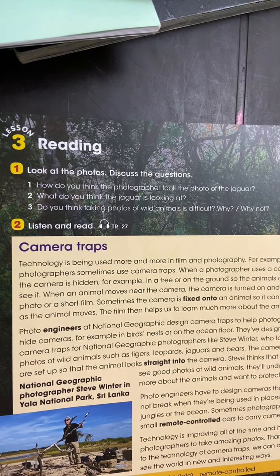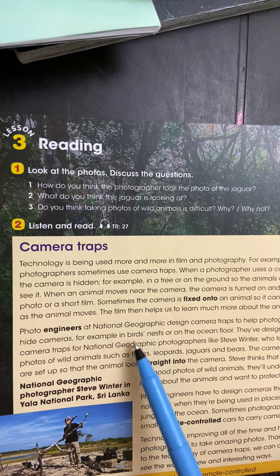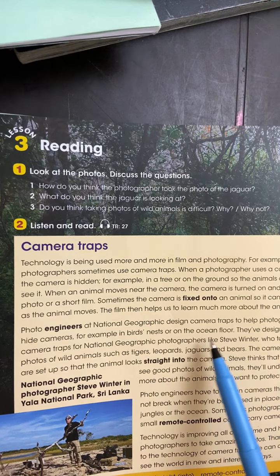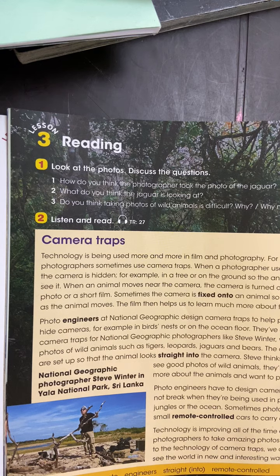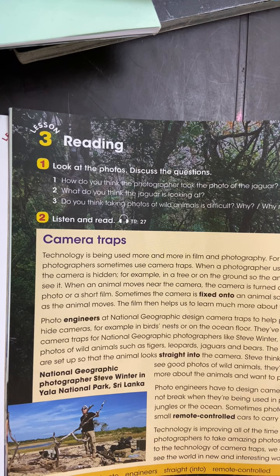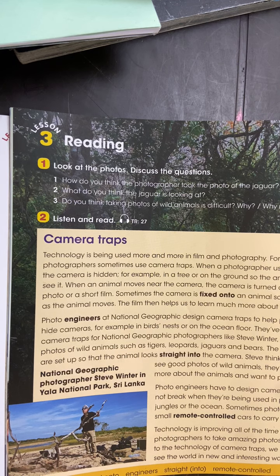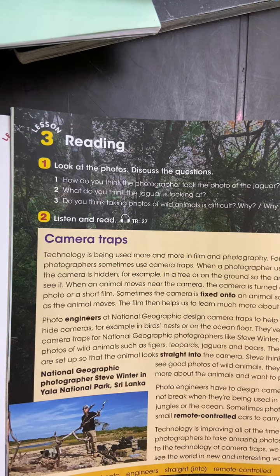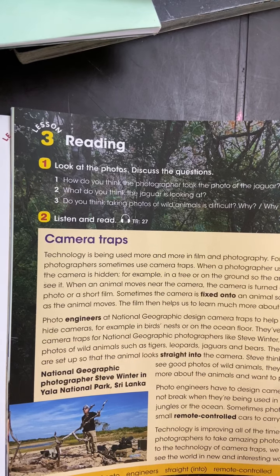They can put the camera, or they can make a camera trap, in a bird's nest or on the ocean floor to record maybe sea creatures, for example, fish, whales, dolphins, etc. Making these short films, or watching these photos, helps us to understand more about wild animals.